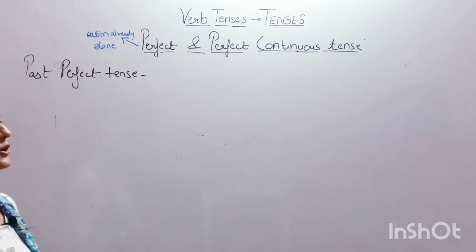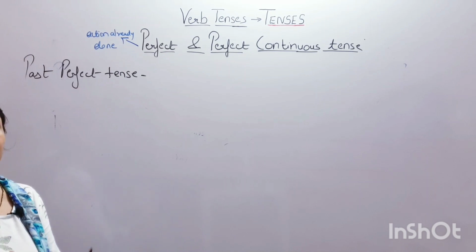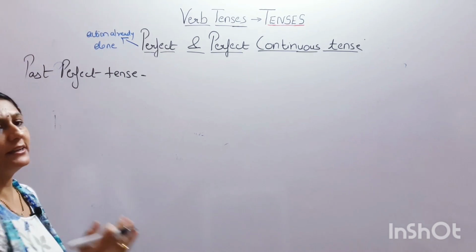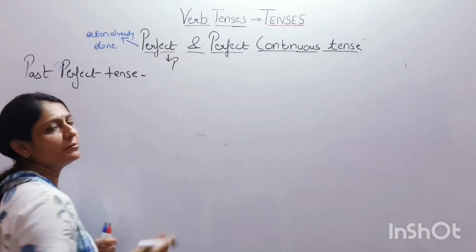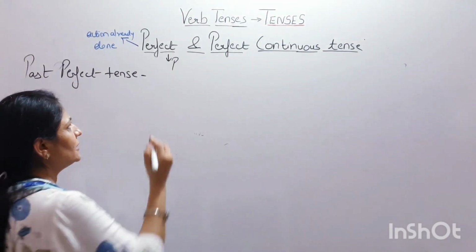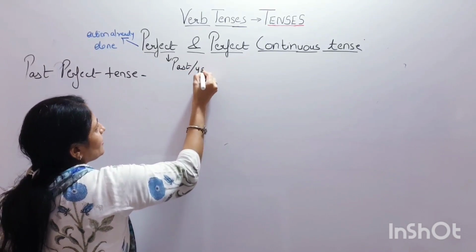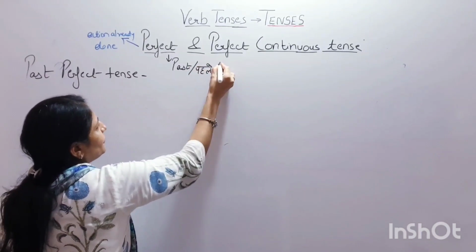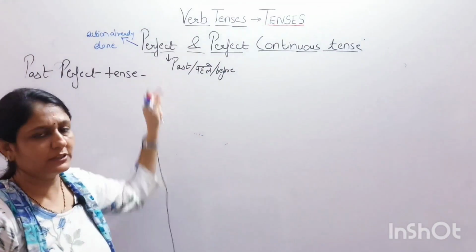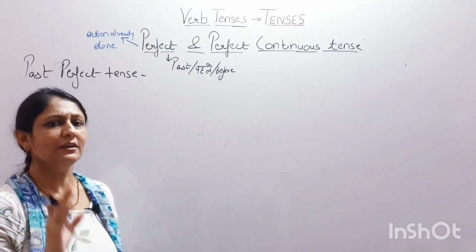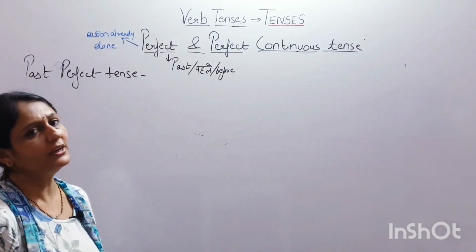Now as I told you earlier, perfect means before, anything that started earlier. मैंने आपको पिछले लेक्चर में भी बताया था, perfect का अगर हम याद करने के लिए मतलब याद करें तो perfect का मतलब होता है past या फिर पहले, okay? या फिर we can also call it as before, okay? The word perfect, this is not an English dictionary meaning. This is the meaning which we need to remember with reference to the tenses, okay?